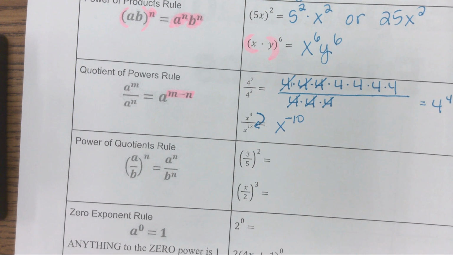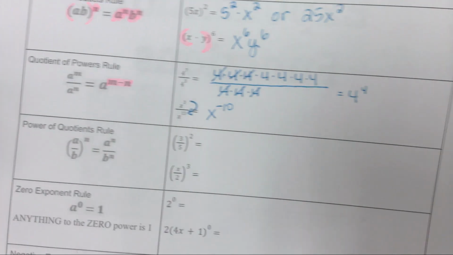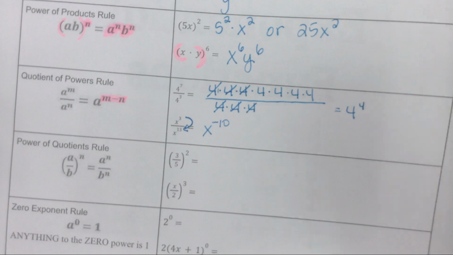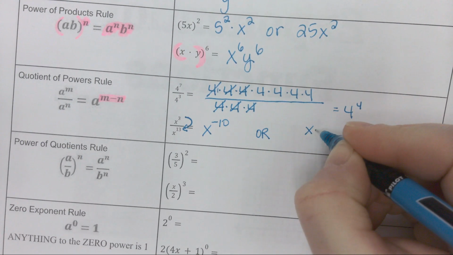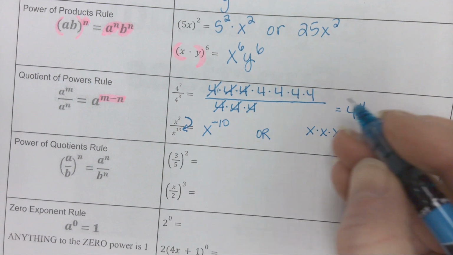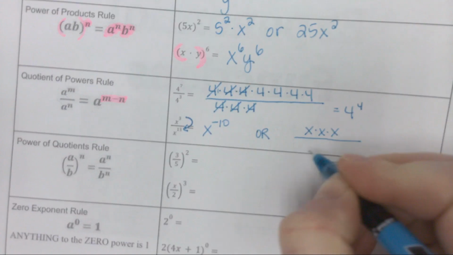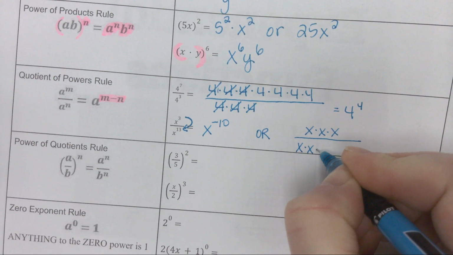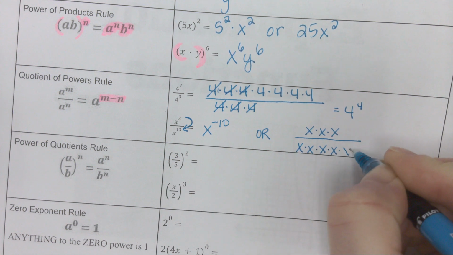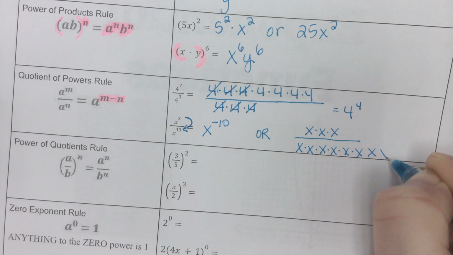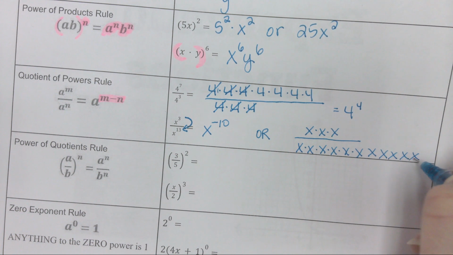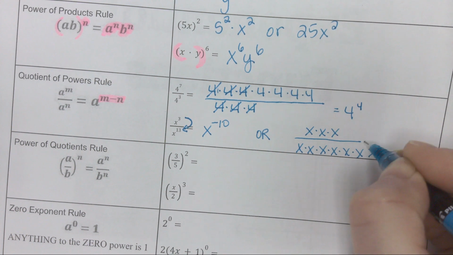Let me show you what's really happening here. If I have x times x times x on the top, wow, 13 x's, hold on. 1, 2, 3, 4, 5, 6, 7, 8, 9, 10, 11, 12, 13. Yikes. Okay.